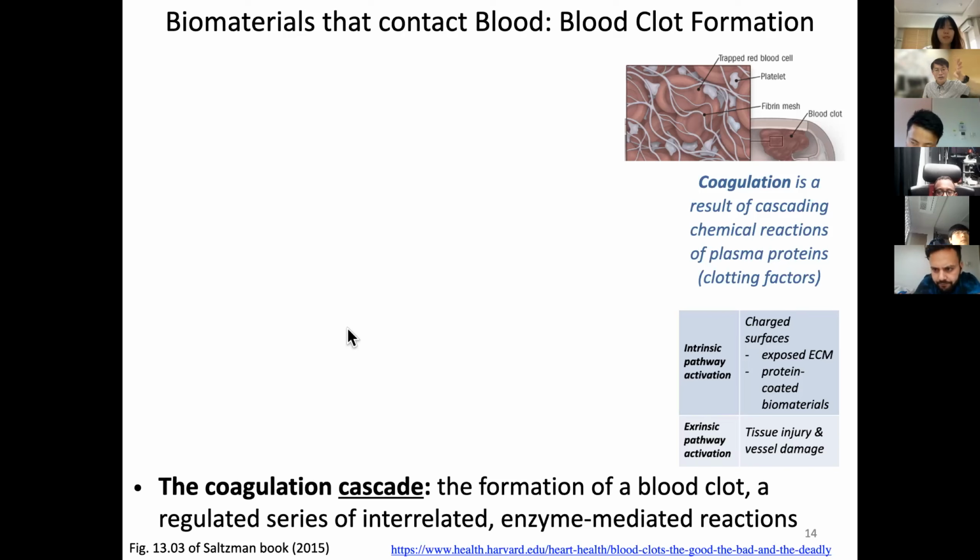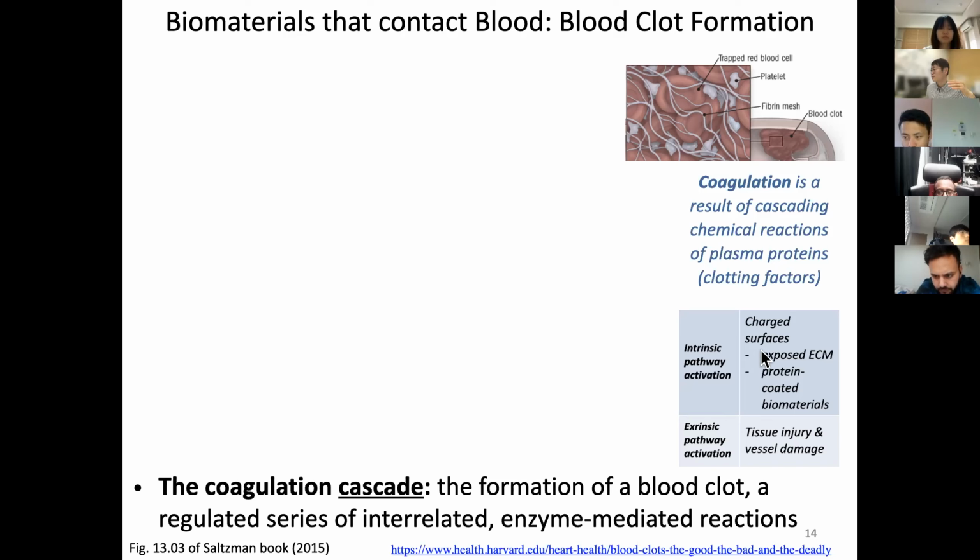And the intrinsic pathway is more from the other side. For example, all your blood is in direct contact with the endothelial cells. So what if that changes? We have an evolutionary mechanism: if the blood gets in contact with something it is not supposed to contact, that means something has happened and we have to protect.